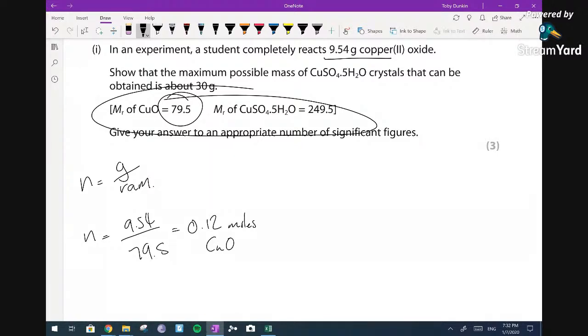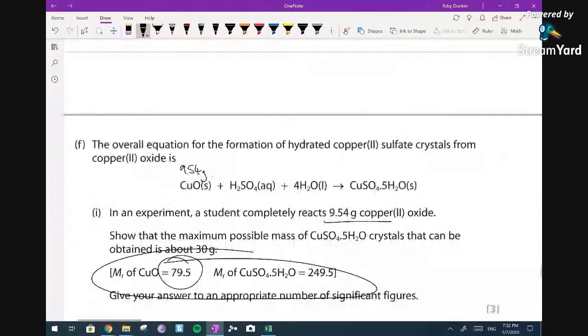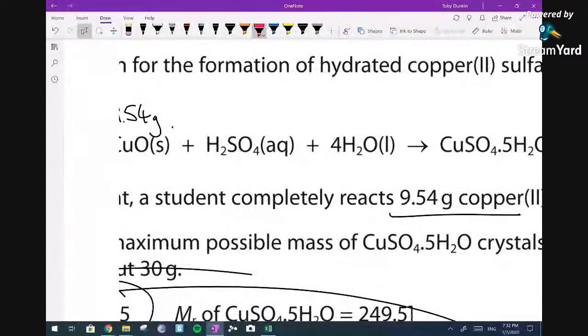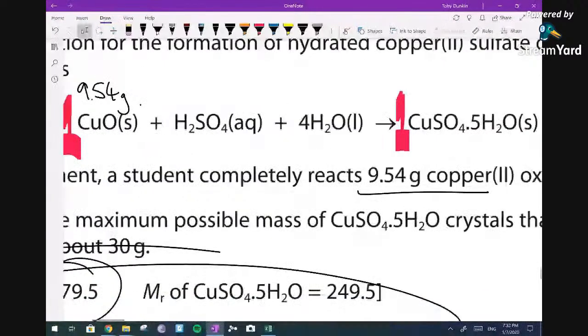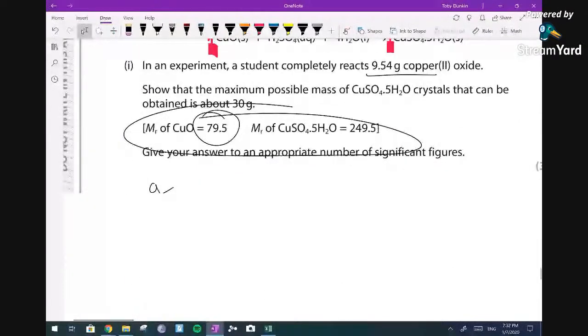Next, the ratio from the equation is 1 to 1. So the moles of copper sulfate hydrated is going to be exactly the same.